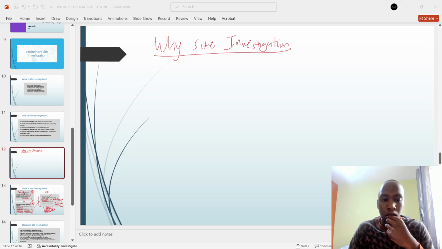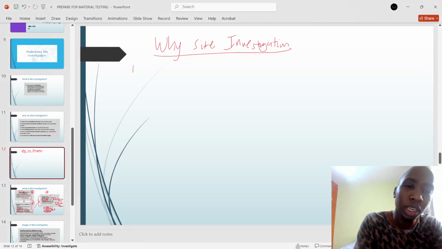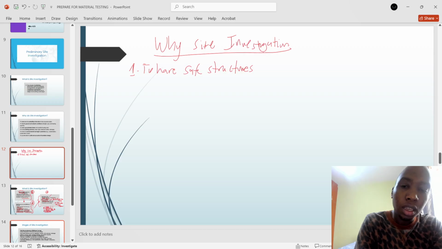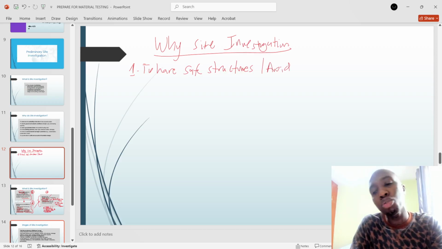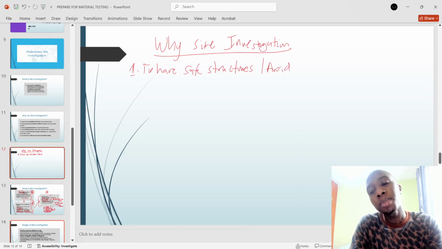To have safe structures and to avoid foundation failures. Yeah, very good. To have safe structures, to avoid collapse. So you avoid collapse by knowing whether the soil is good, right? Collapse. Yes.